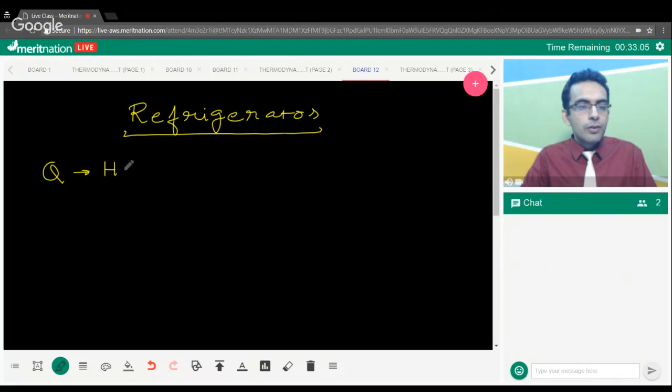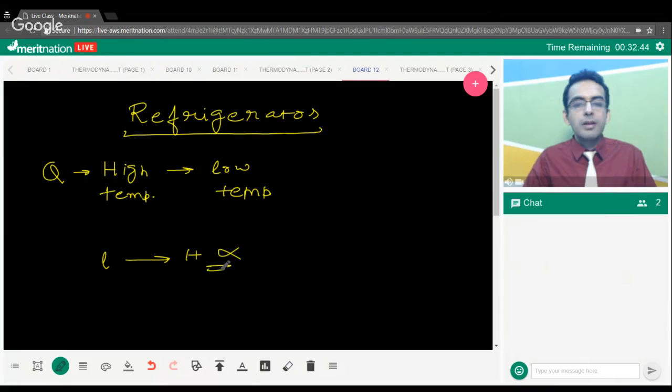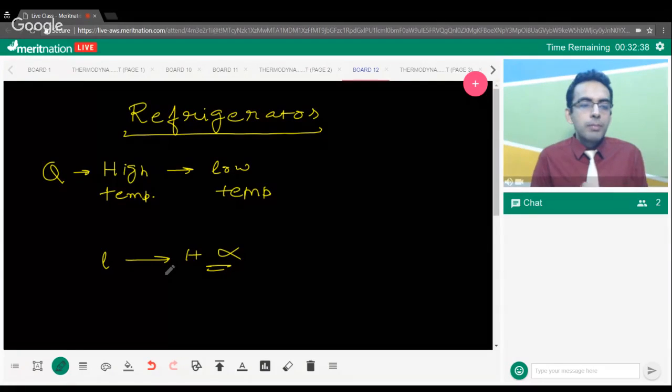This thing is spontaneous. It happens by itself. But this is the opposite. Heat cannot flow from low temperature to high temperature. This is not possible. So for this, you have to supply the work.